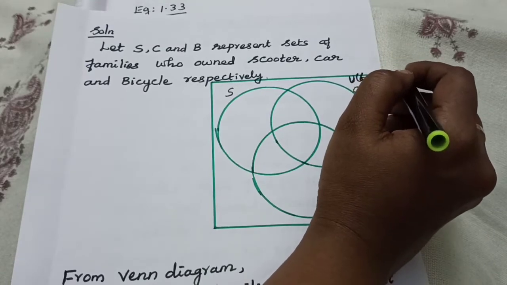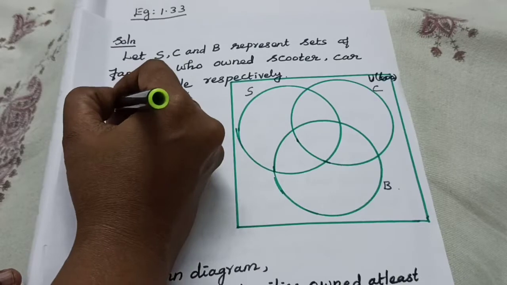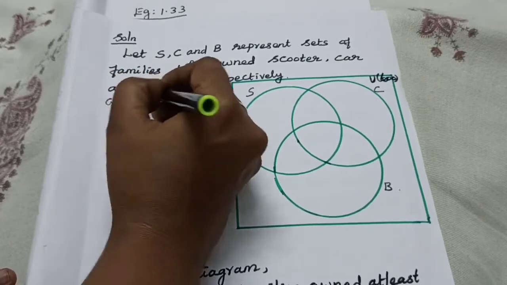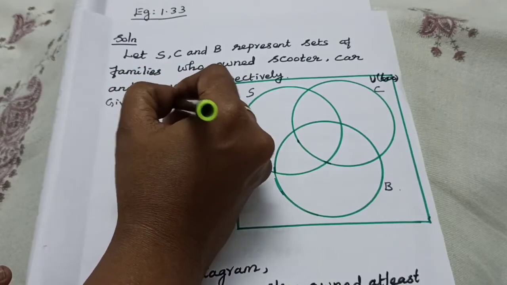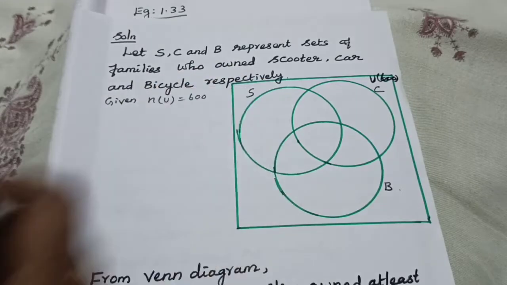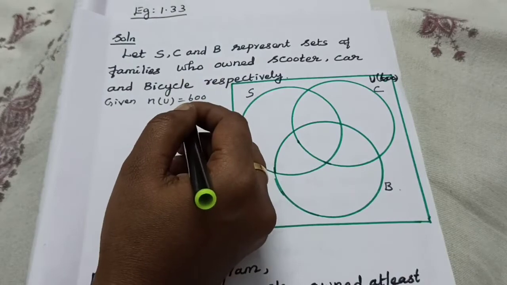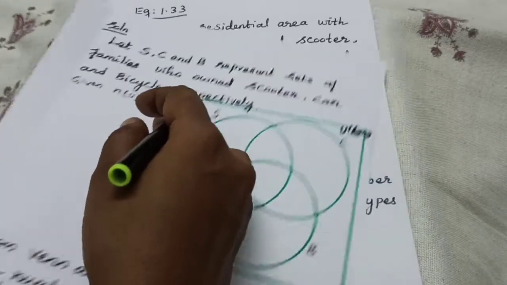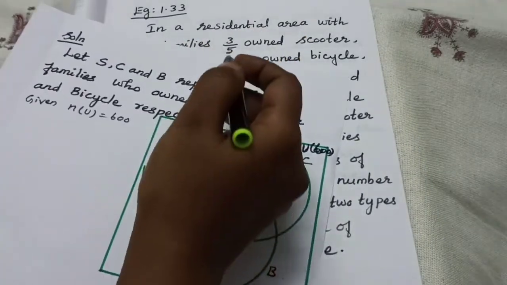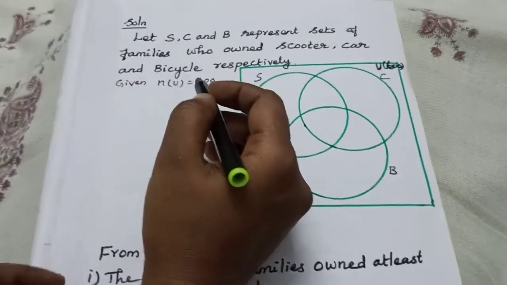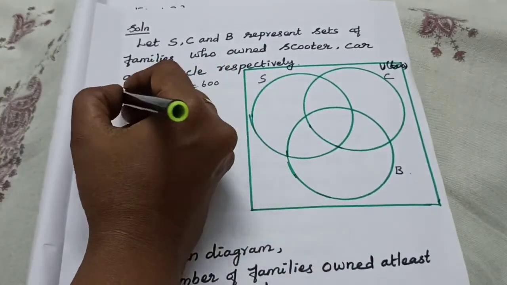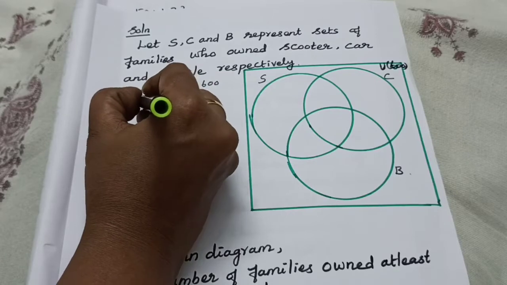Given n of universal set is equal to 600. Then afterwards n of S is also given, the fraction form 3 by 5 of 600.